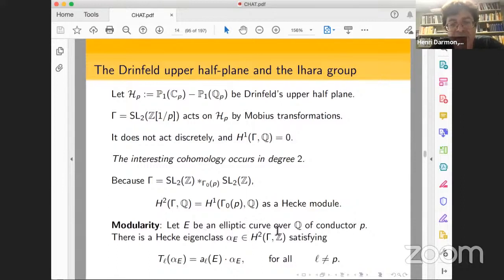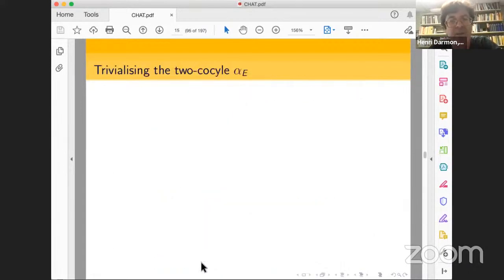And so if we have an elliptic curve of this conductor p, we can pick up a Hecke eigenclass in the second cohomology of gamma with values in Z, which has this associated system of Hecke eigenvalues. There are even two fundamentally distinct such Hecke eigenclasses, corresponding essentially to the plus and minus periods of the elliptic curve.